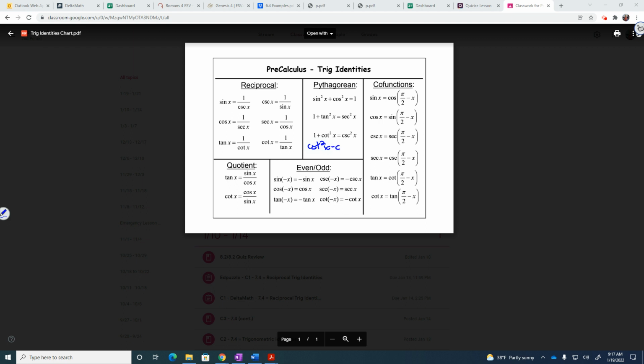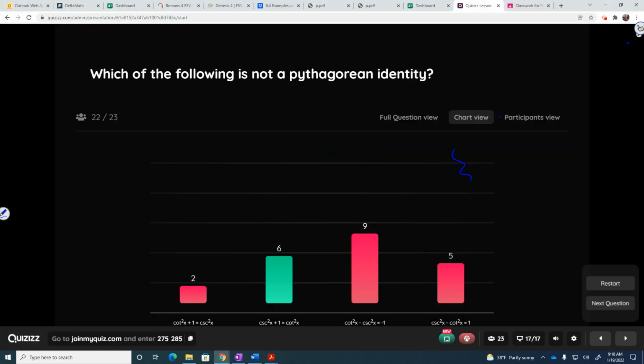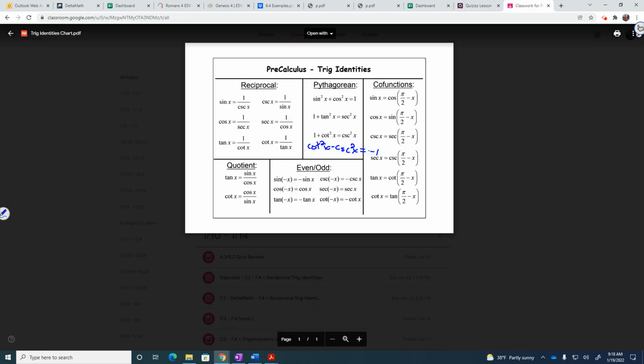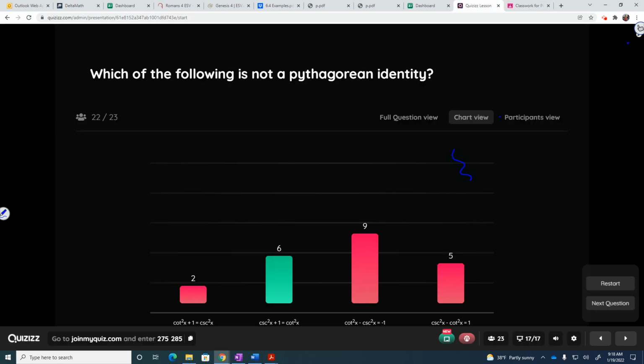And cosecant minus cotangent equals 1. If you just subtract cotangent over, then it works. So they all work, except for the one that was actually wrong. This was the only one that doesn't work: cosecant squared plus 1 equals cotangent squared. That one does not work. You can get these other two by just rearranging the equation.